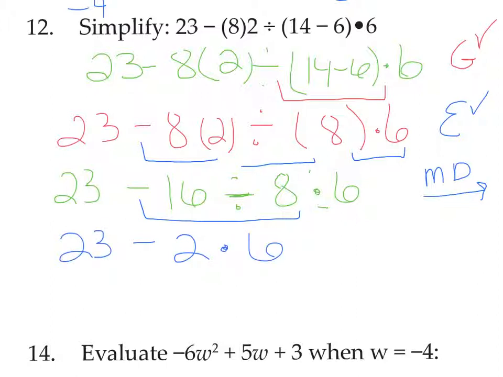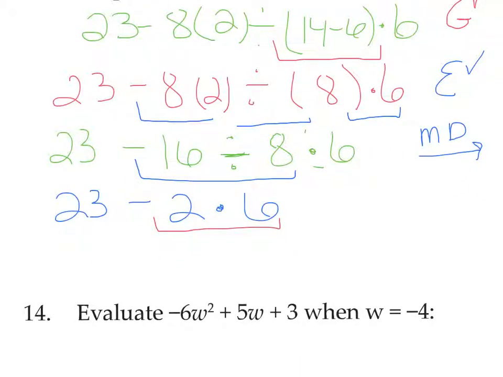And now we're ready to do this multiply. Negative 2 times 6 is negative 12. So it looks like 23 minus 12 equals 11.